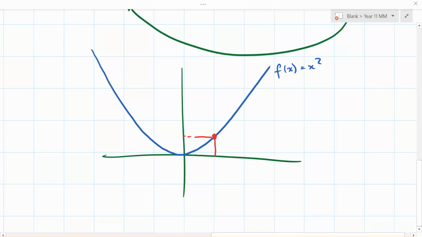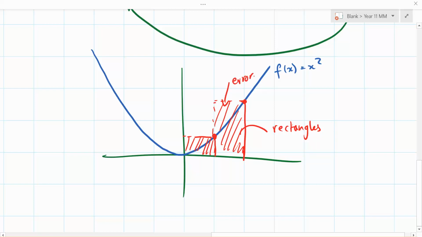This rectangle here will give you a bit above the actual area, and if you continued from this point here, the rectangle will again give you an overestimate of the area. So these rectangles are only an approximate, and there's quite a bit of error here that doesn't tell you the area under the curve.